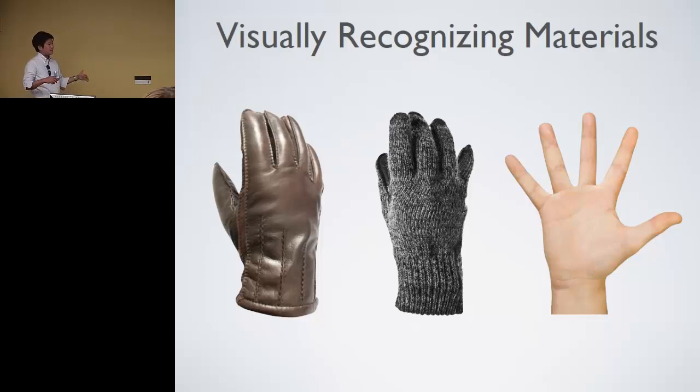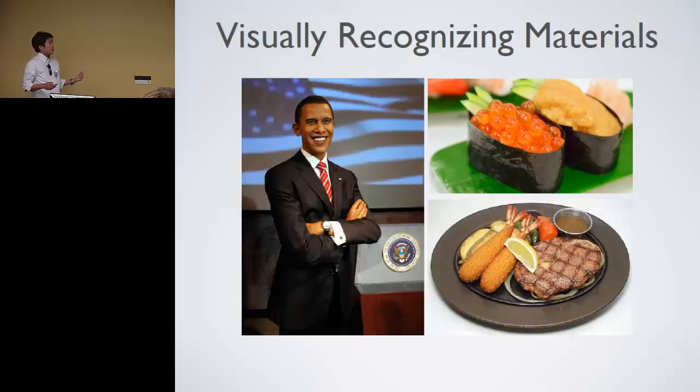And of course, you can have these extreme cases where material is the only factor. Everything other than the material conspires to fool you, right? And even in such cases, you would want the computer to actually recognize the material so that you or the system can make reasonable choices.